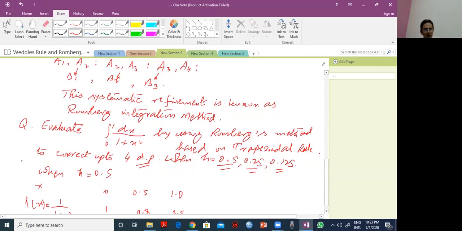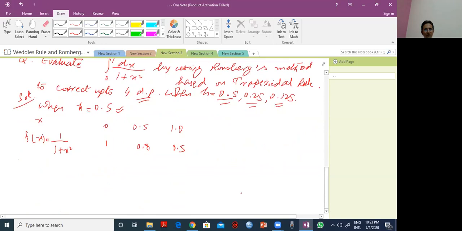First, when we start the solution, student, we consider h equals 0.5 and find I1. For the function, we make two columns, x and f of x. X is 0, 0.5 and 1, because the lower limit is 0 and the upper limit is 1.